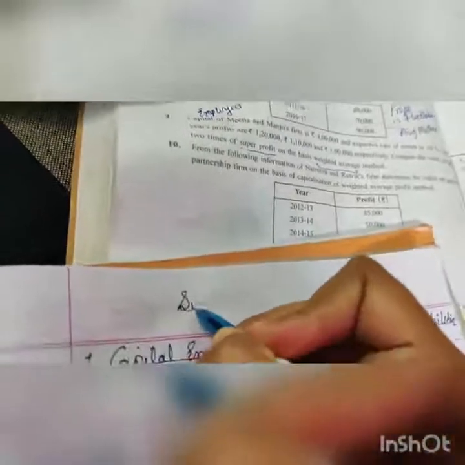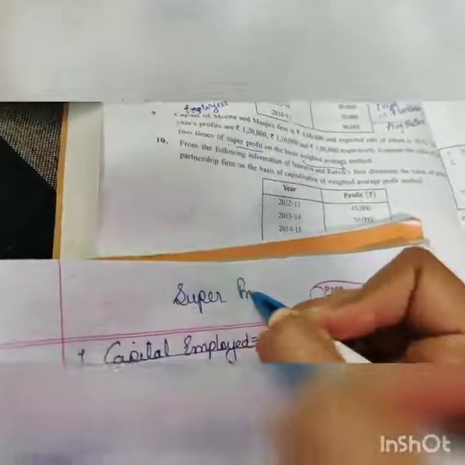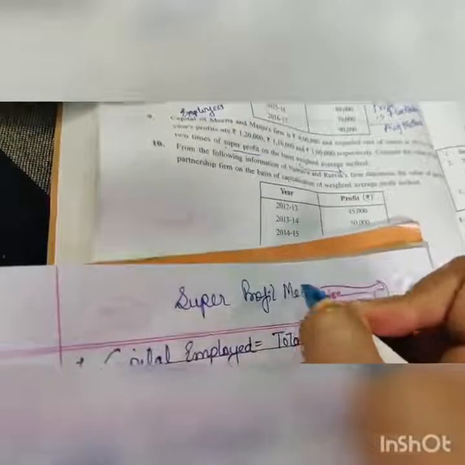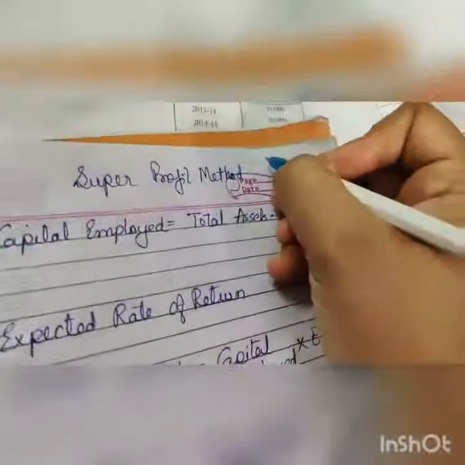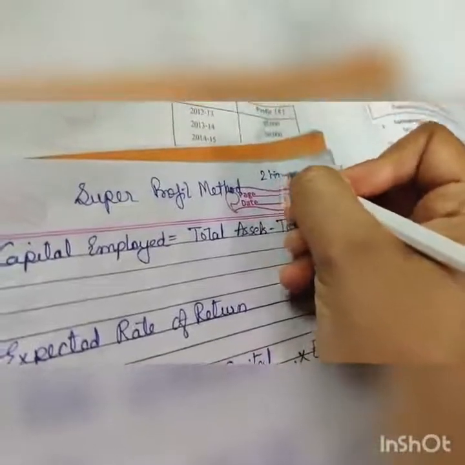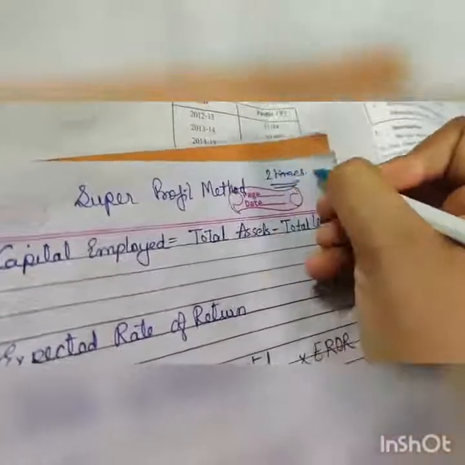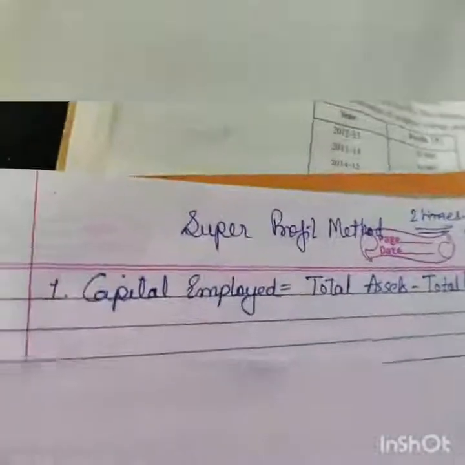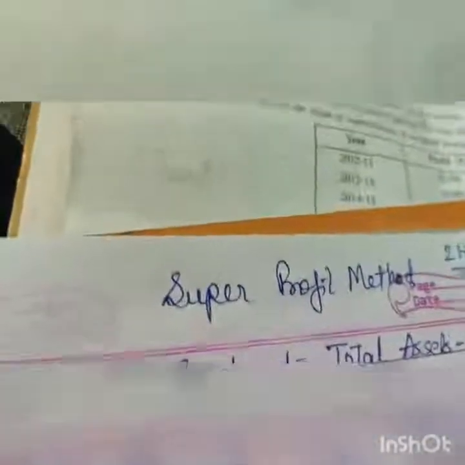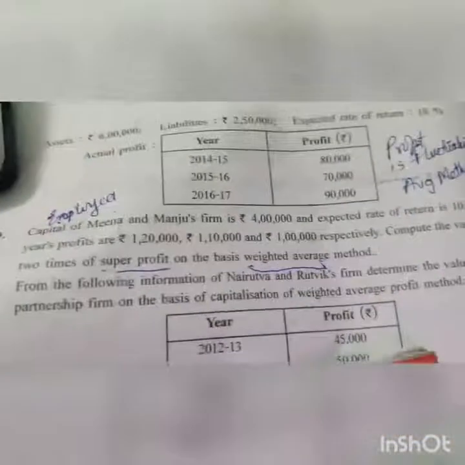Now which method have they told us to use? The super profit method, and the purchasing years are 2 times. On the basis of the weighted average method, as they have mentioned.